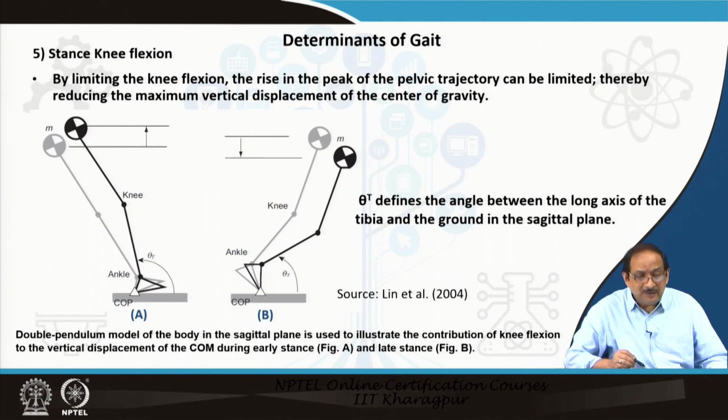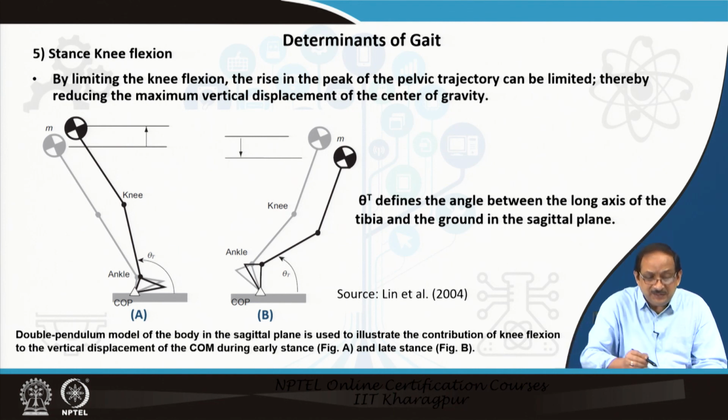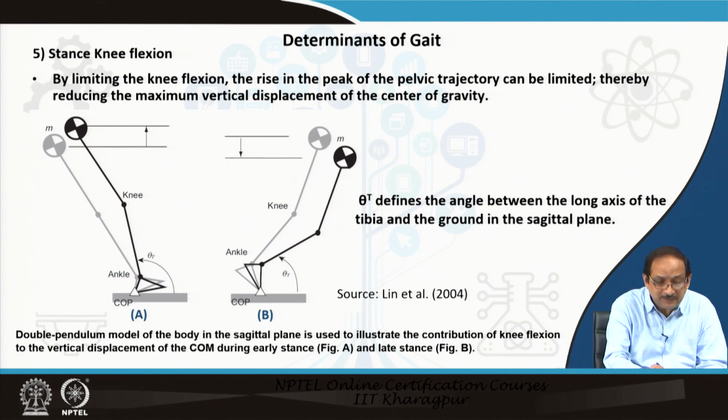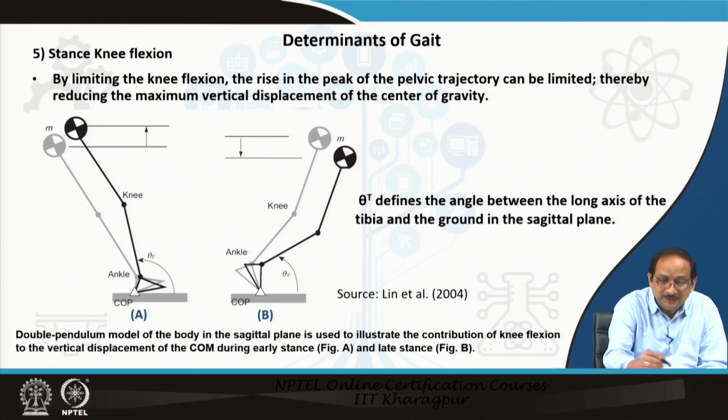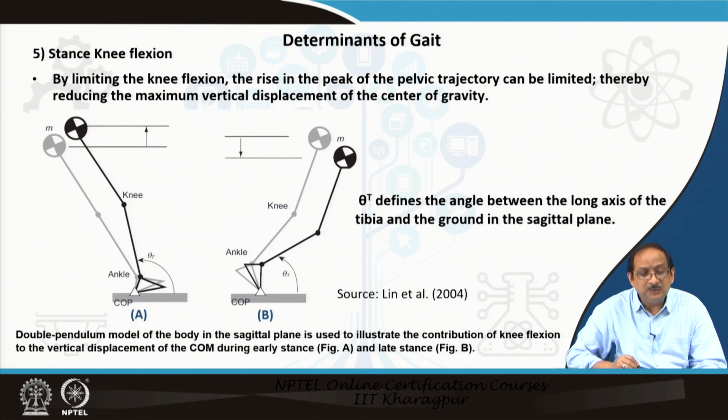Now, in this figure, the foot is hinged to the ground at the center of pressure, and the mass of the whole body M as indicated in the figure is assumed to be lumped at the hip joint.